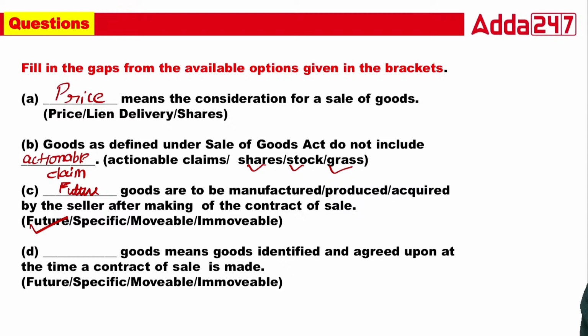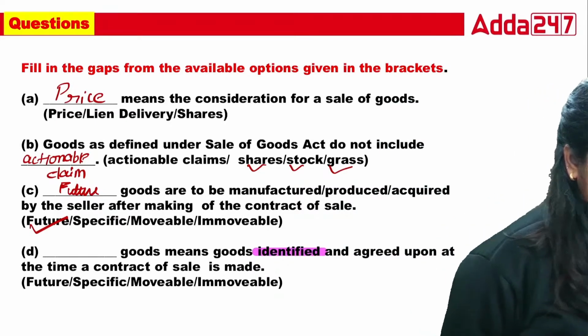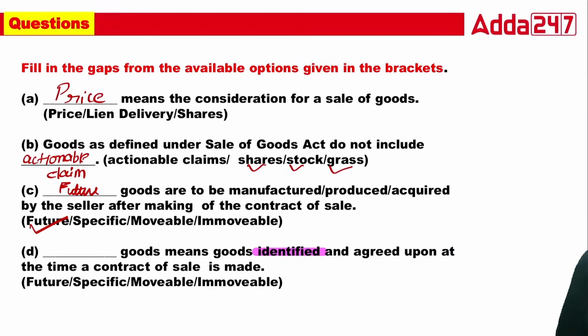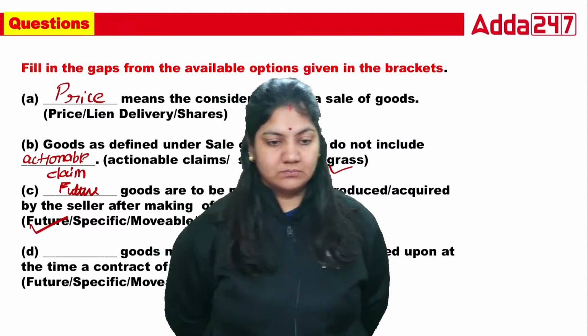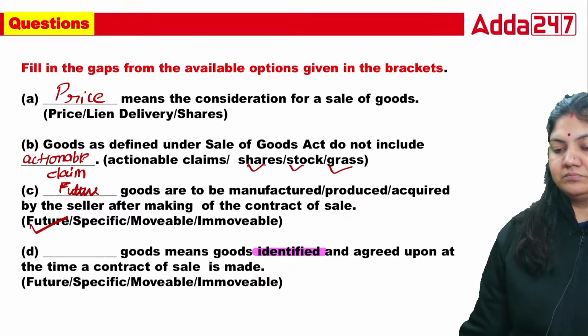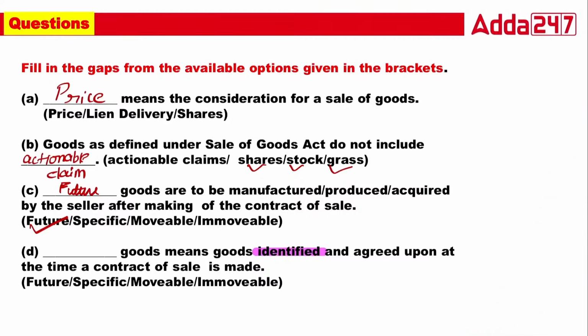You know, these are the key points that you have to understand while answering. Goods identified and agreed upon at the time of contract of sale. So this is called specific goods.